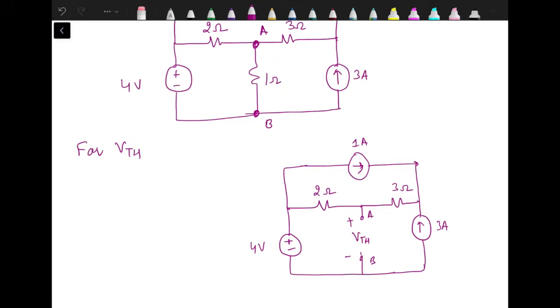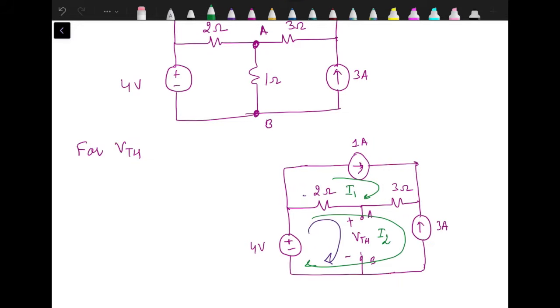Now we can find out the voltage VTH by applying KVL to this open loop. When we apply KVL to this open loop, we need the current through this 2 ohm resistance. To find out the current through this 2 ohm resistance, we actually need two mesh currents. Let's assign the mesh current I1 to first mesh, I2 to second mesh.